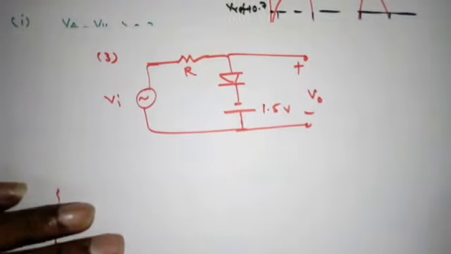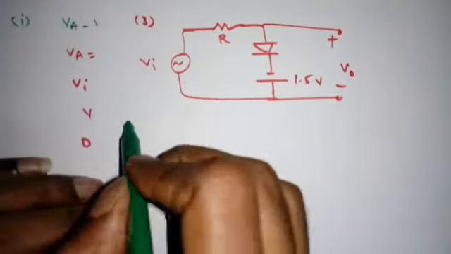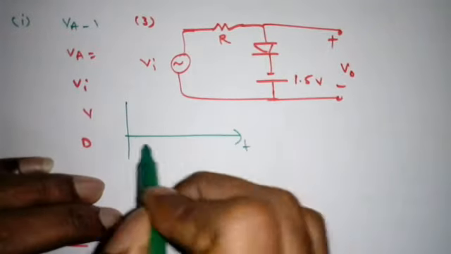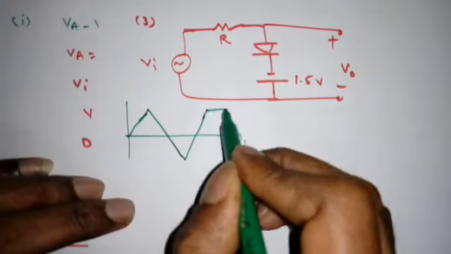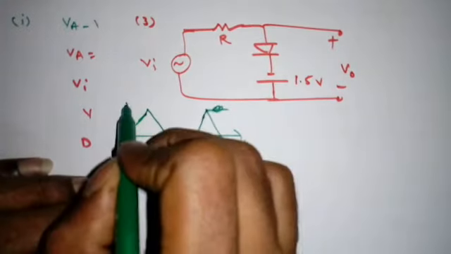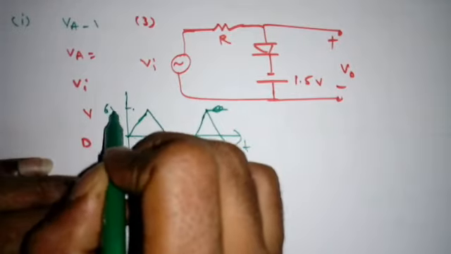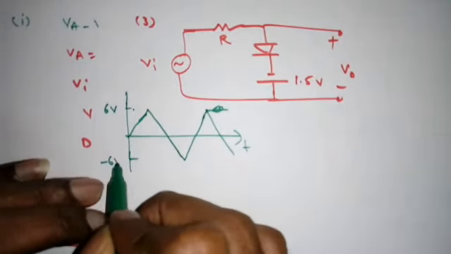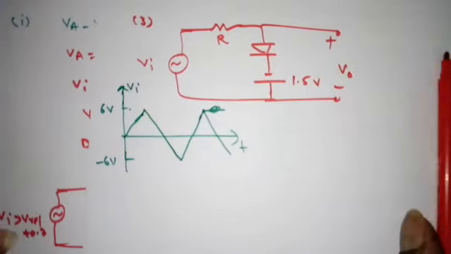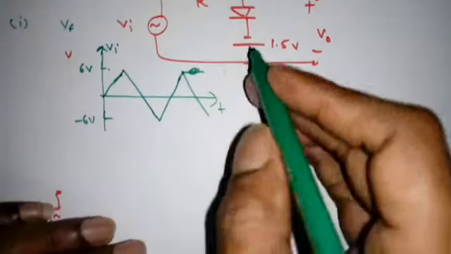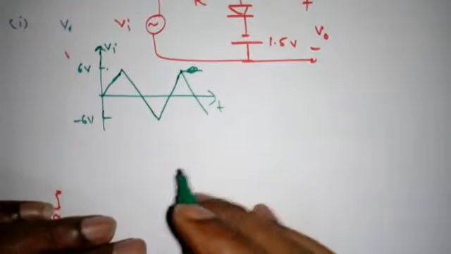Suppose if I want to draw the output waveform, suppose input signal waveform is given like this. Suppose I will take triangular waveform, like this. So this is suppose 6 volt, minus 6 volt. This is Vi. Now to draw the output waveform, what we need to do? So I will go for practical case, no problem.